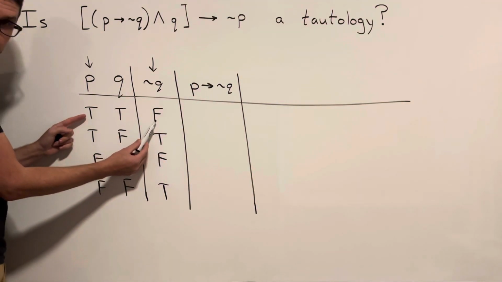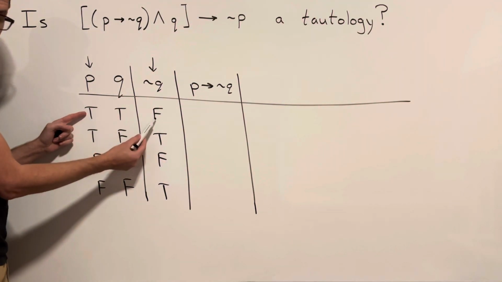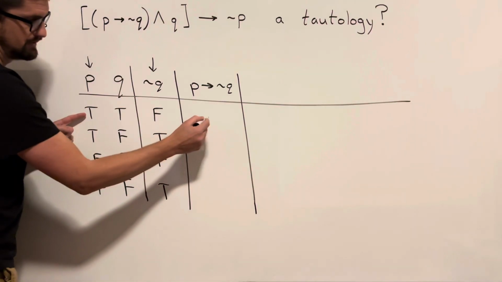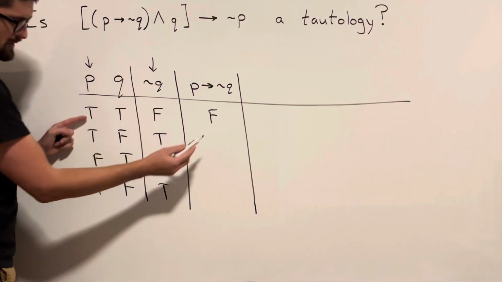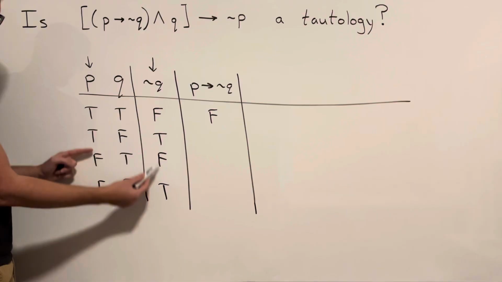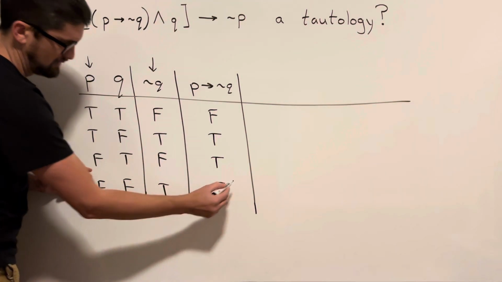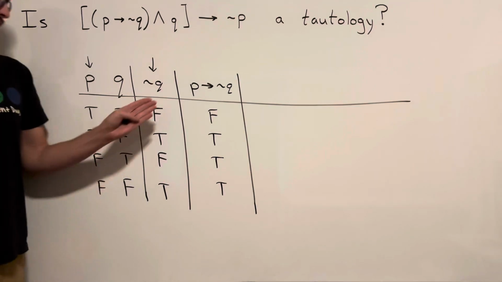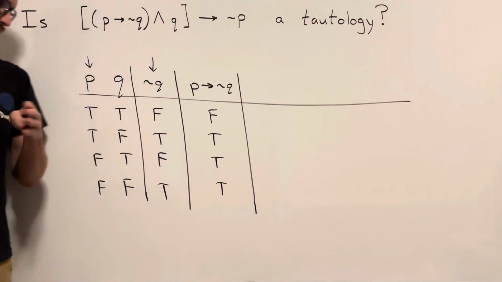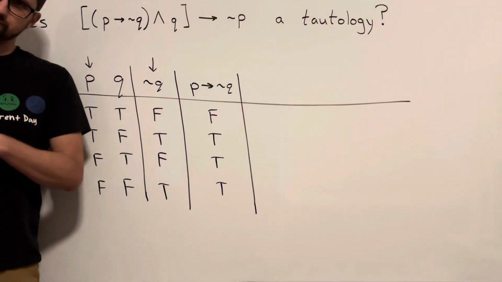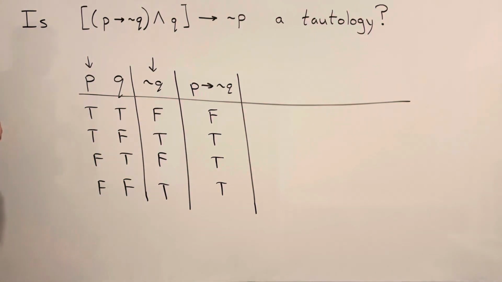And you can see that right here in the first one. True to false is false. All the other scenarios are going to be true. So there's only one false case for the conditional. Going from a true statement to a false statement is false.